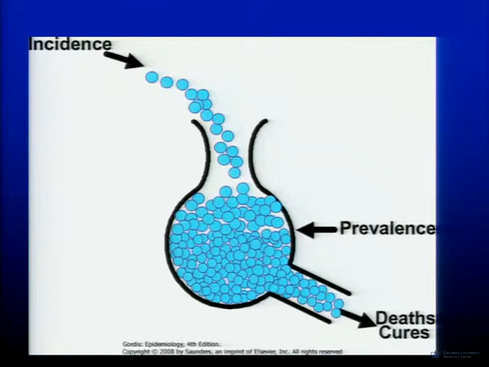In the breast cancer example you were talking about a new cure. Wouldn't that cause the prevalence to either stay down or go down or stay the same? Wouldn't they also be leaving the population with breast cancer if they're cured?